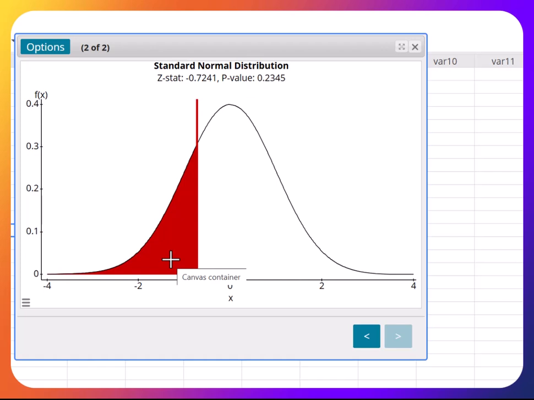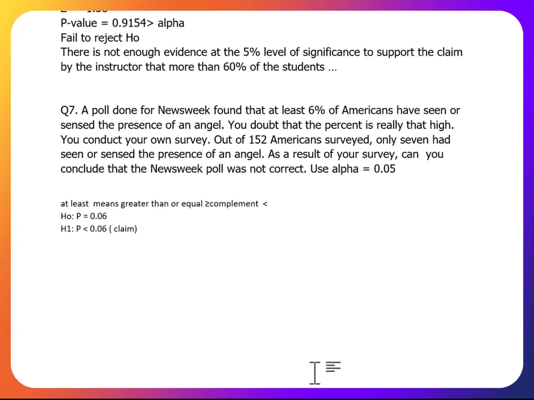So negative 0.72 and the p-value, which is bigger than alpha. Fail to reject H0.